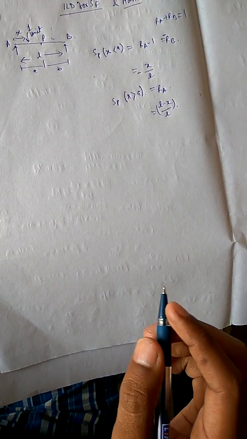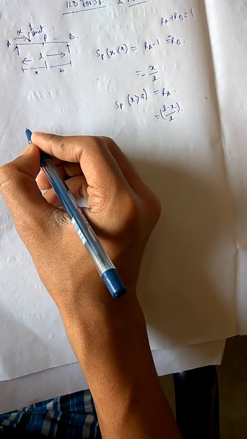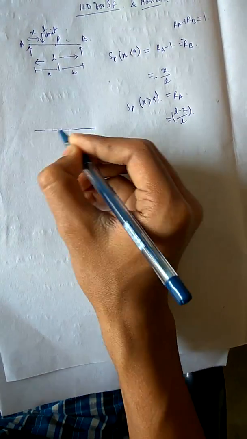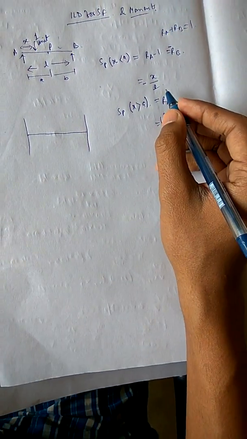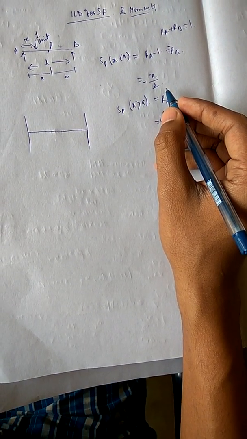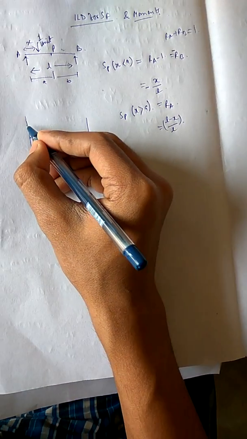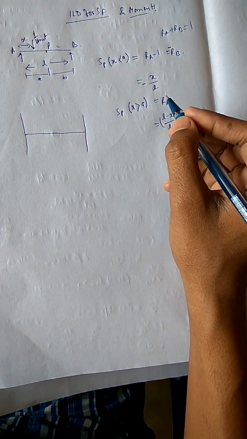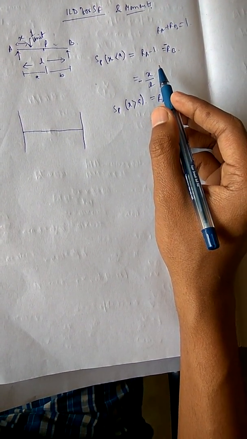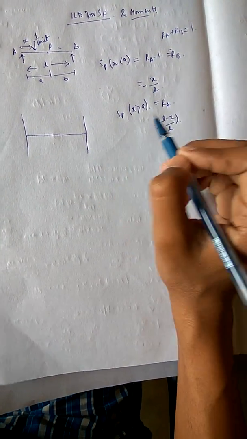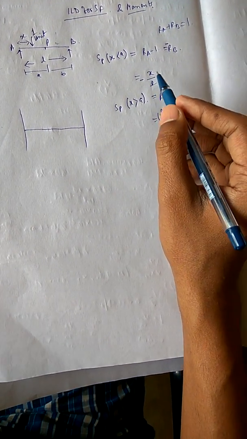Okay, now we have to draw the ILD for shear force. ILD for RA: what is it? If we have to draw the ILD for RA, at x equal to 0 and at x equal to L, what is the value of RA?